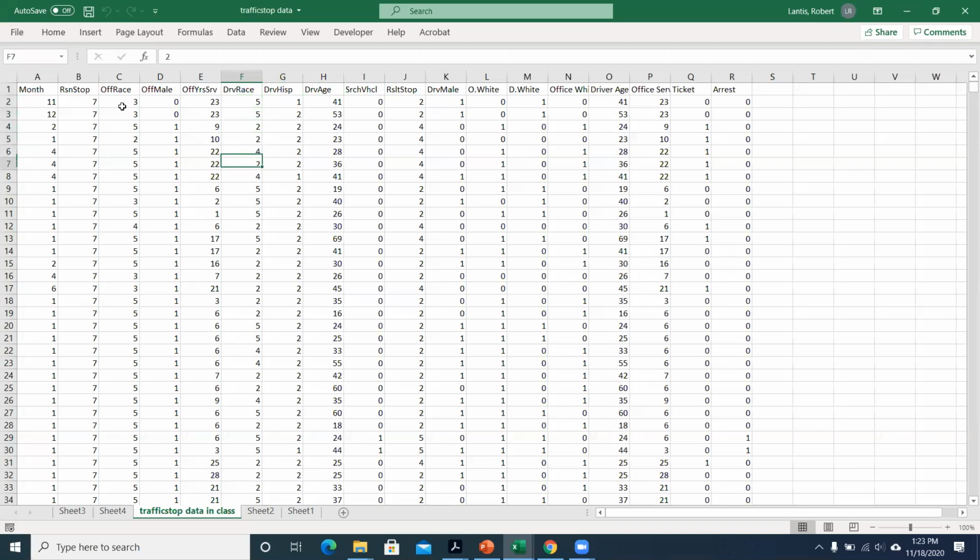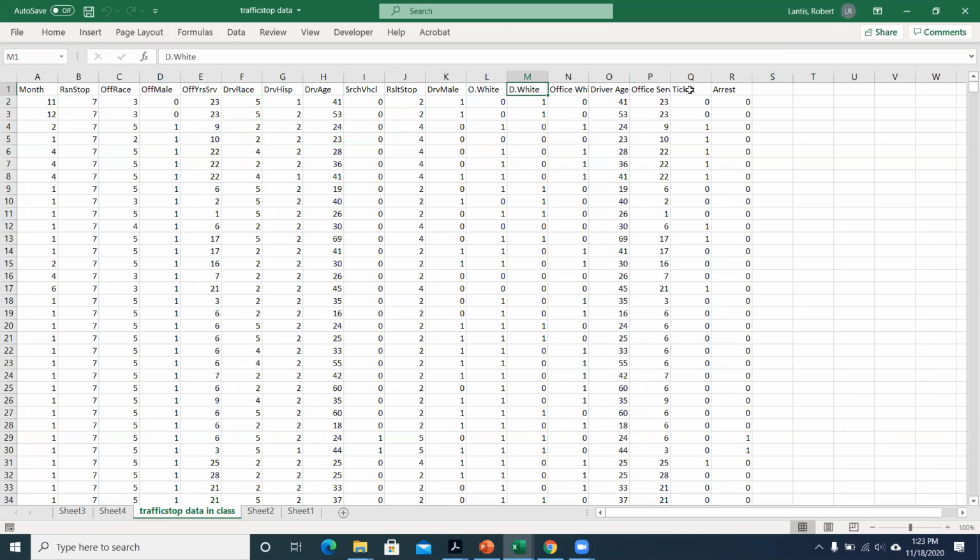So they were all coded as a race variable, so I had to create these dummy variables. You can now imagine, I have is the driver male or not, and I have the race identifier of the officer as well as the driver. I could come up with these different combinations to see if, well, if I'm non-white and I get pulled over by a white officer, am I more likely to be issued a ticket, right?